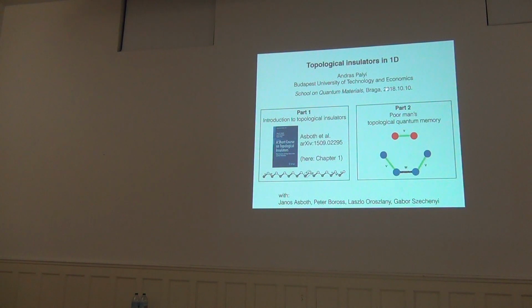In the second part of the talk, I will move in that direction, but I will not touch superconductivity. I will keep myself in a non-interacting system, in simple tight binding. But even in this very simple framework, I can demonstrate some features of topological protection of quantum bits. That's what I'm trying to illustrate with a very simple example there.